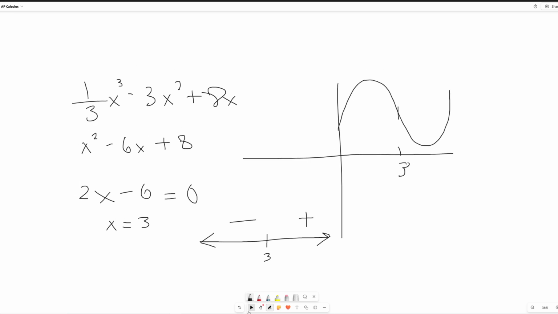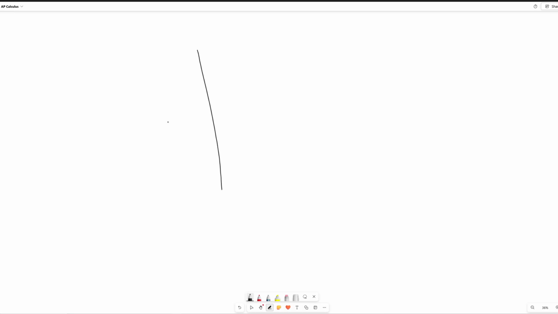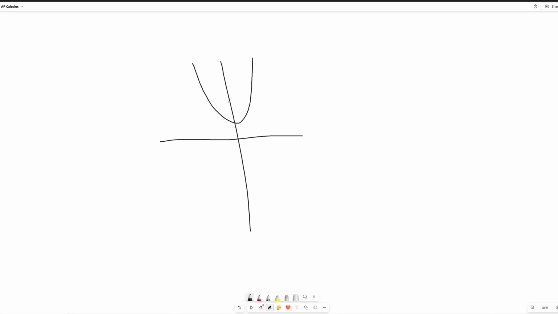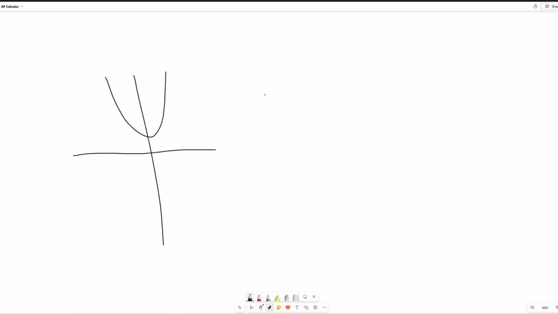Now, let's look at something like x squared plus 1 again. This looks like it's just concave up the whole time. So let's prove that. If f of x is x squared plus 1, that means the derivative is 2x, and then the derivative of 2x is 2.